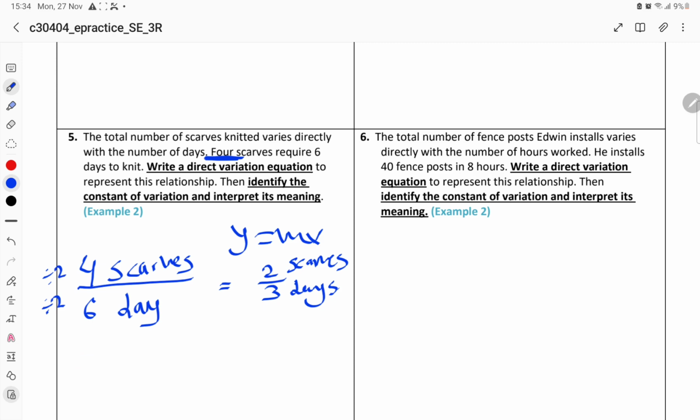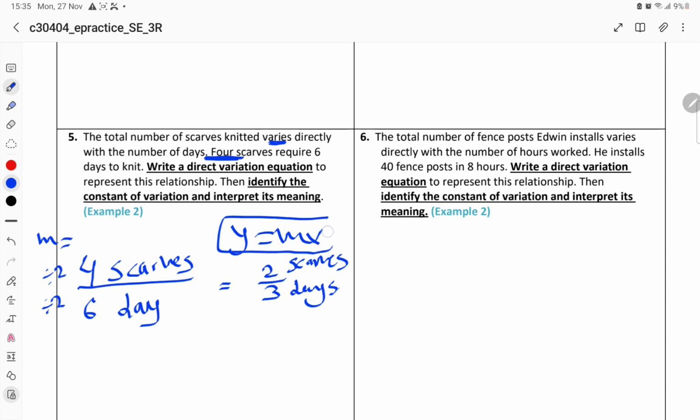So what is this? This is the constant of variation, change in the number of scarves over the number of days. So we can say that m is equal to 4 over 6 is equal to 2 over 3, because he said varies directly, so the constant of variation is the m.